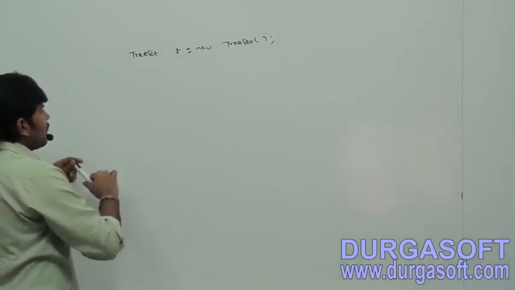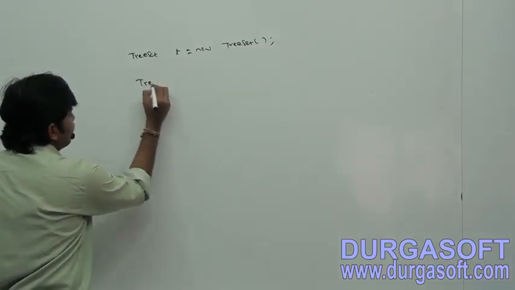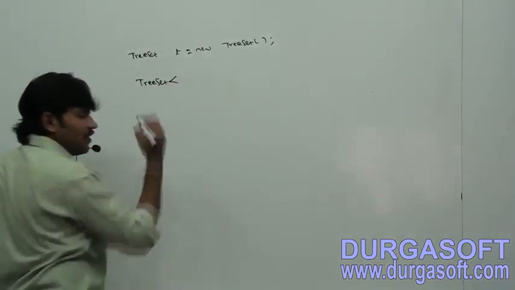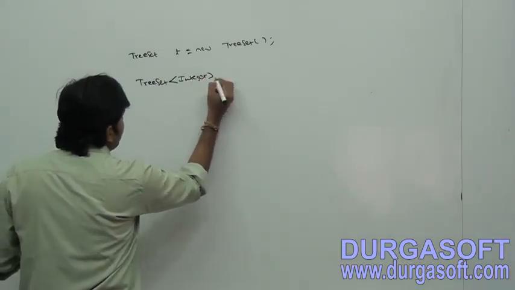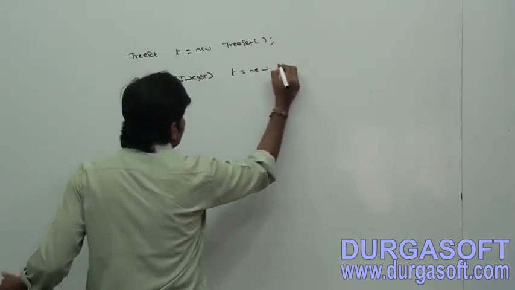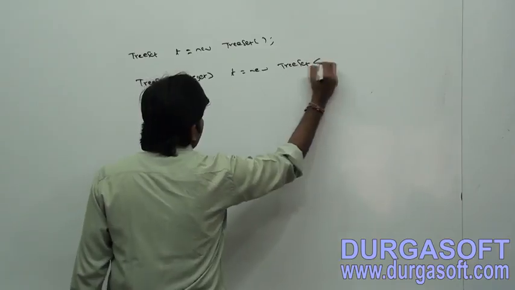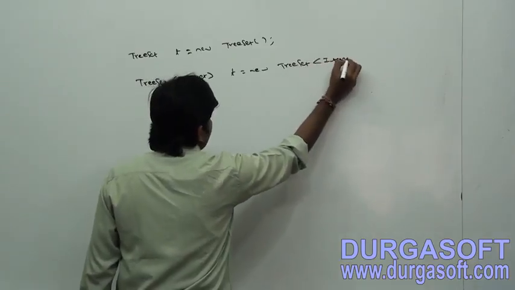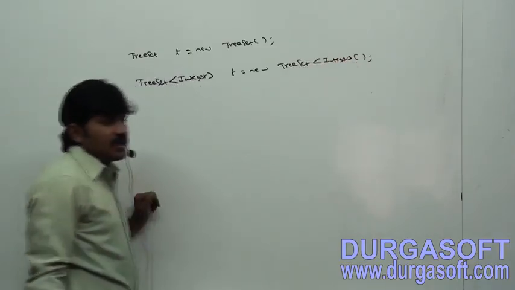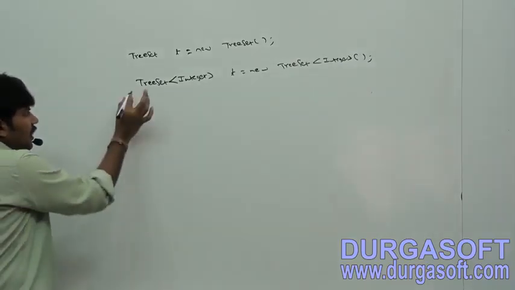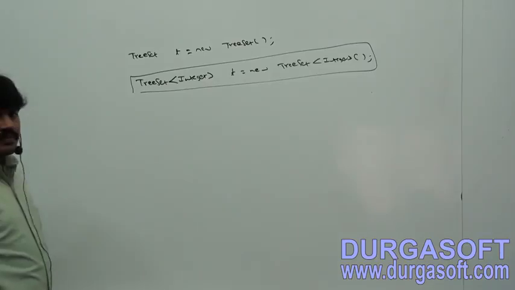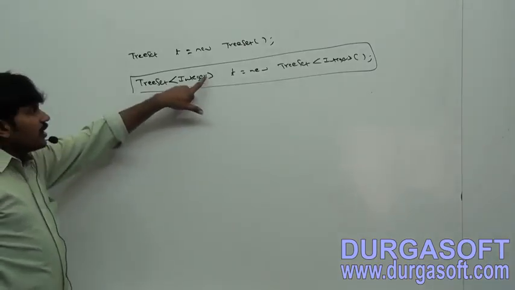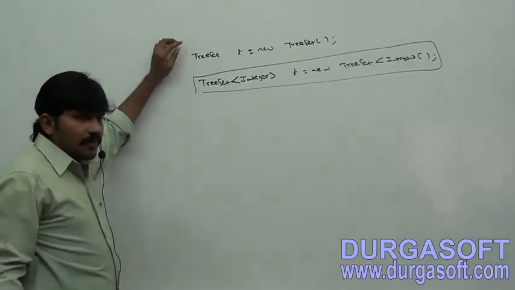Now sometimes we may declare it like this also: TreeSet of Integer t is equal to new TreeSet of Integer. Can you tell the difference between this one and this one?